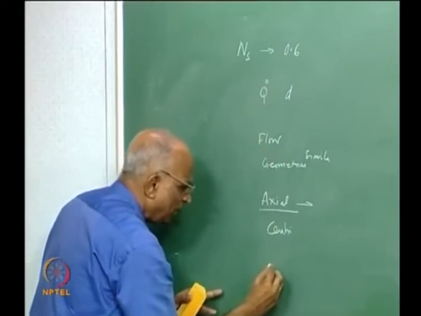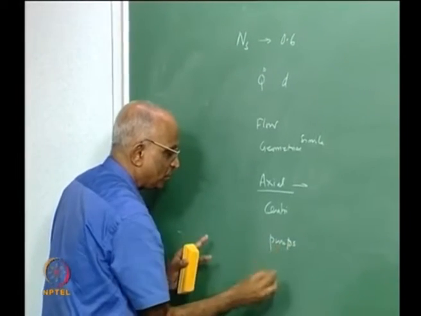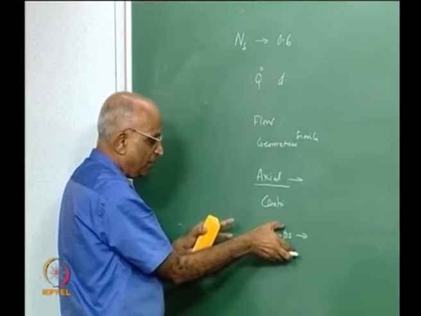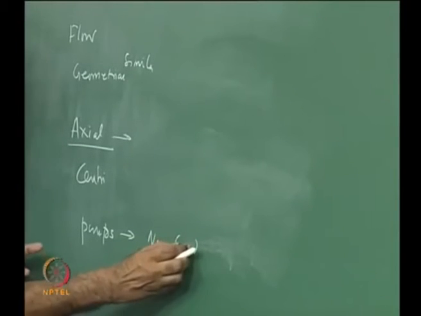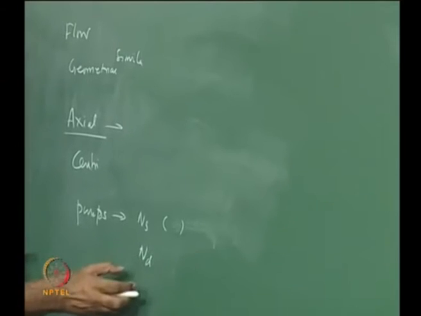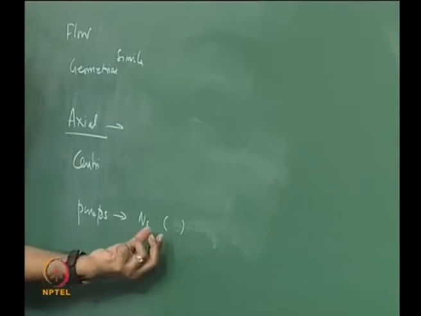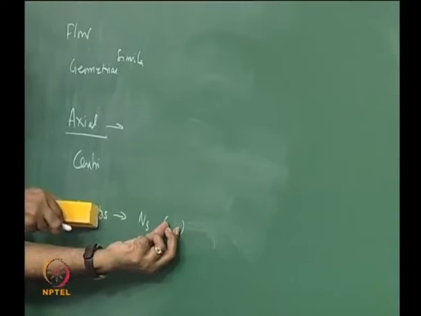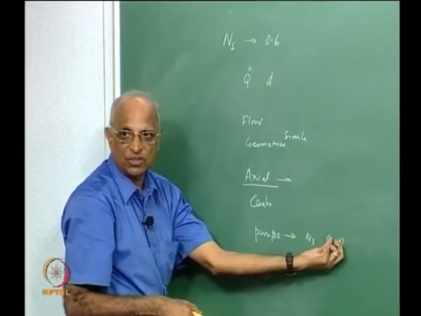Therefore, for a given cryogenic pump, if it is axial flow, it will have Ns within a small range. If I were to say the Nd, that is the specific diameter, it will also have a small range. Therefore, if I have to scale up a cryogenic pump still using the axial pump, I will design for this particular value of specific speed.